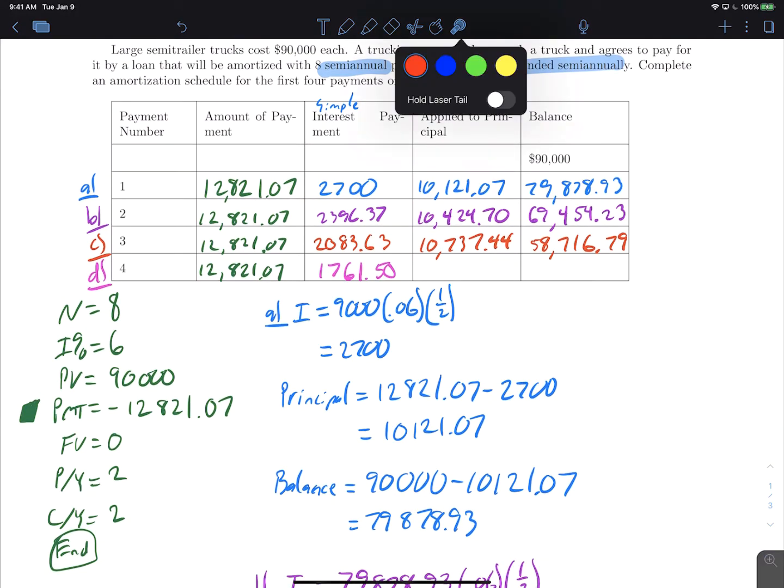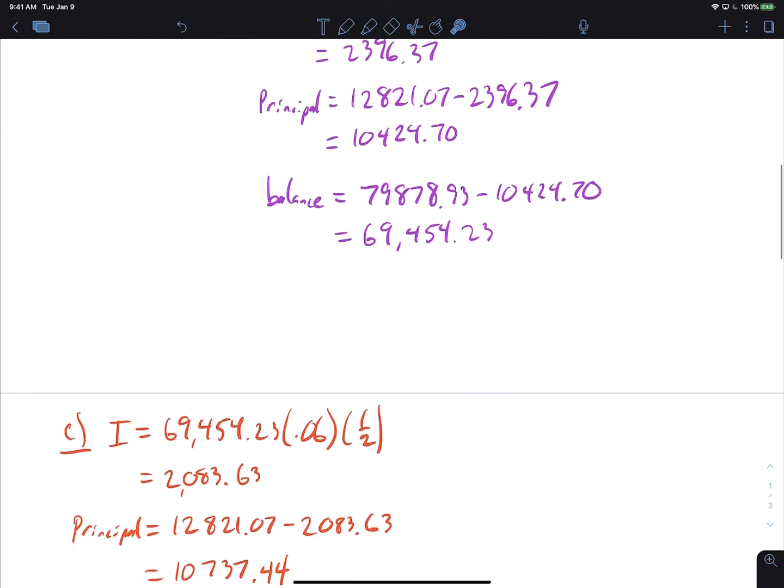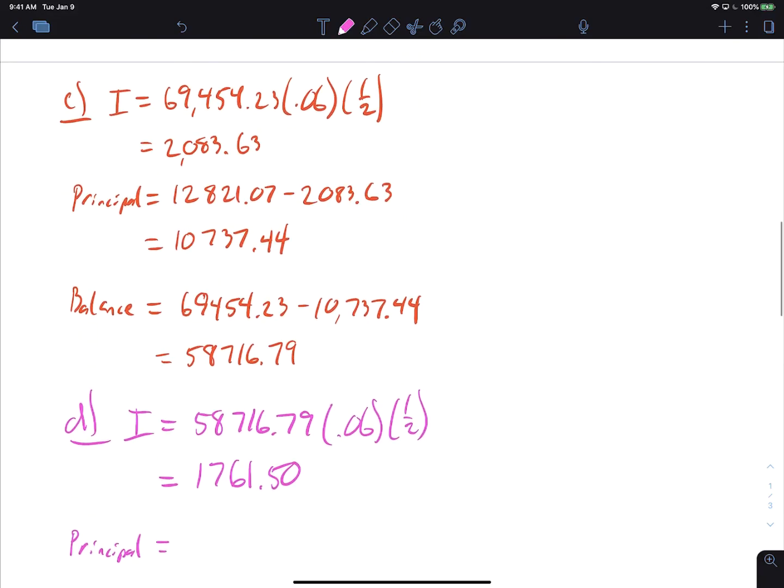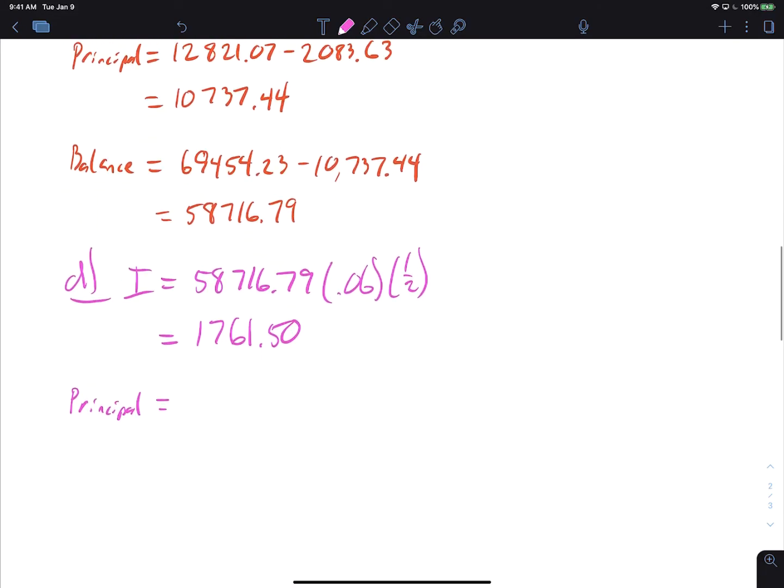Now, the next one is just the difference between the amount of the payment minus the simple interest, and then when we're done with that, balance minus the principal payment. So for this principal, it will be $12,821.07 minus the $1,761.50.